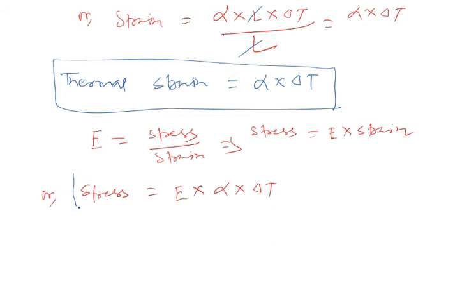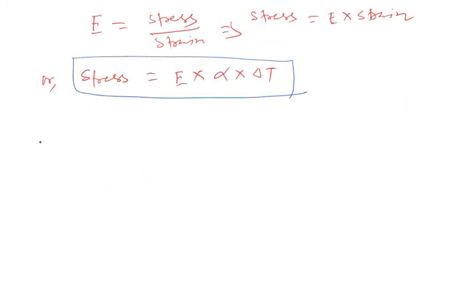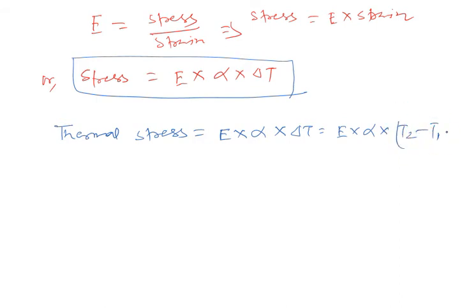So we got the value of thermal stress also. What is the value of thermal stress? Thermal stress is equal to E into the coefficient of linear expansion alpha into change in temperature, or we can rewrite it as alpha into T2 minus T1, the change in temperature.